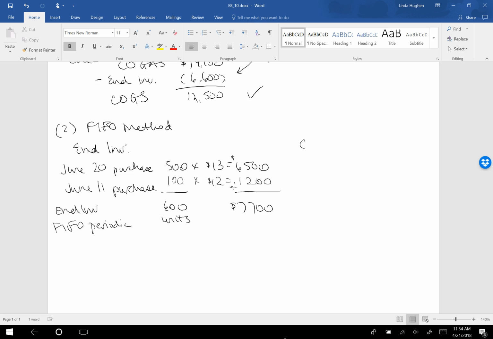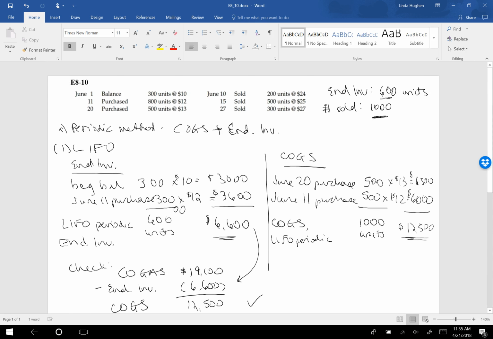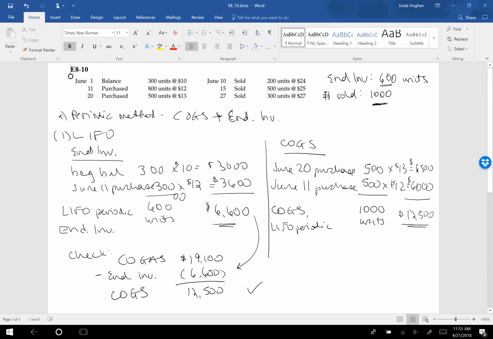Now let's look at the cost of goods sold using the FIFO method. Periodic method is periodic method still. Cost of goods sold. Well, now we're taking the reverse perspective. We are assuming that the first goods that were purchased were the ones to be sold.